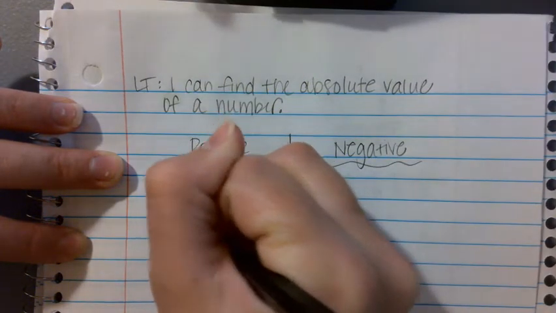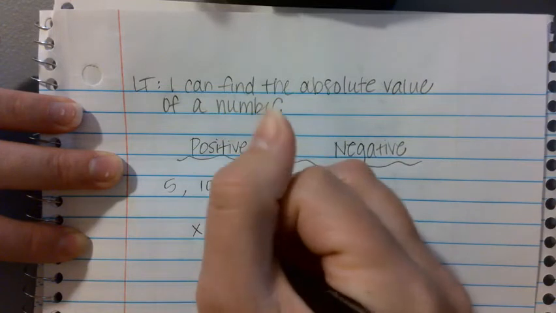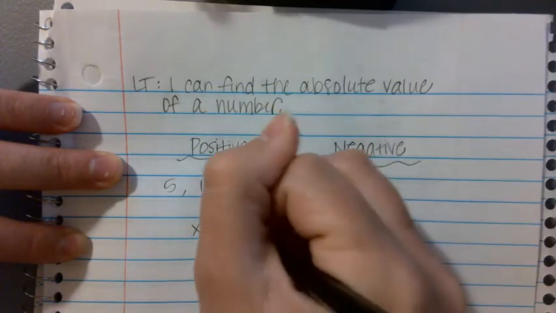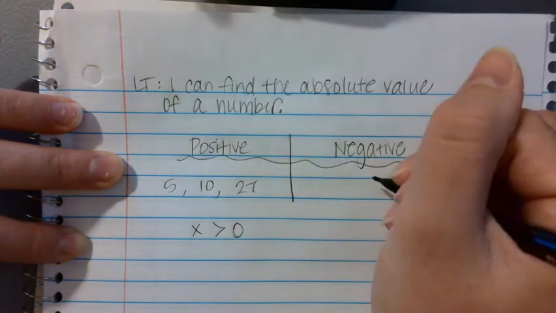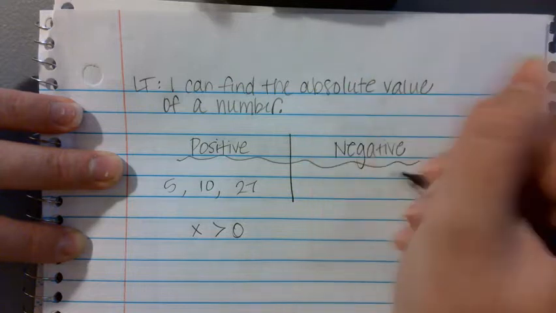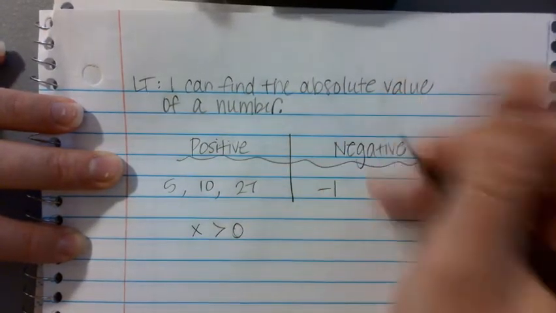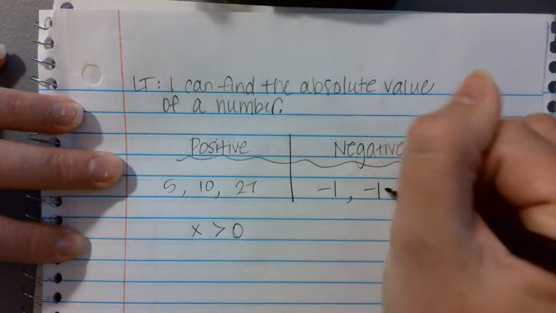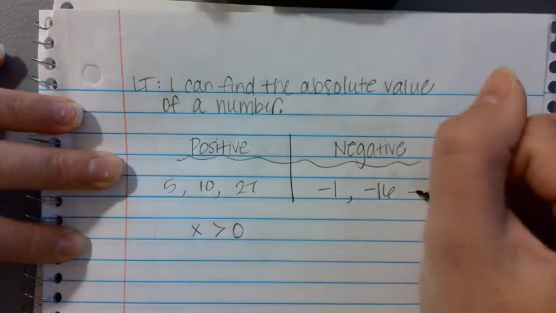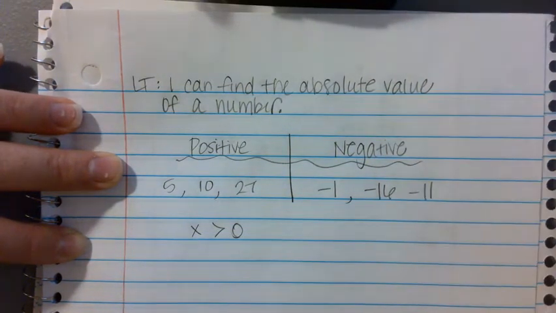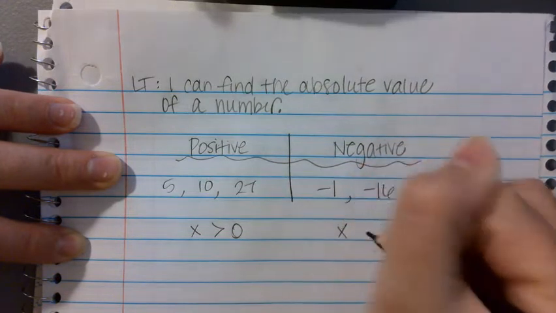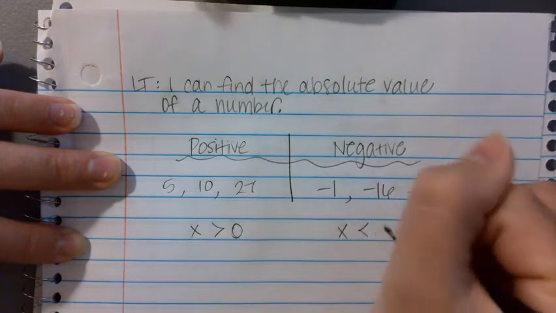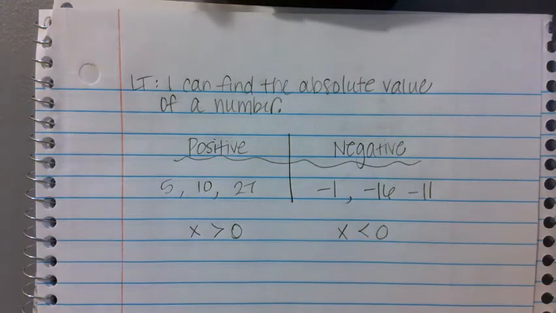So if I were to write an inequality, x would need to be anything greater than 0. And if I'm listing some negative numbers, I might have -1, -16, and -11. Those are just a few examples, and that would mean that any number less than 0 would fit into the negative category, right?